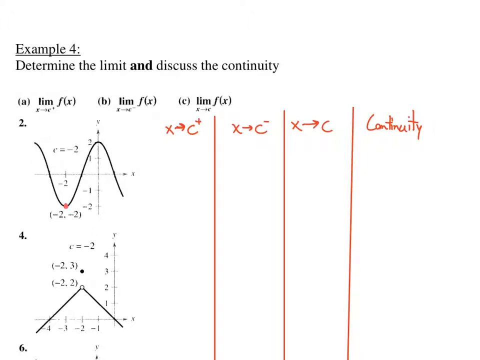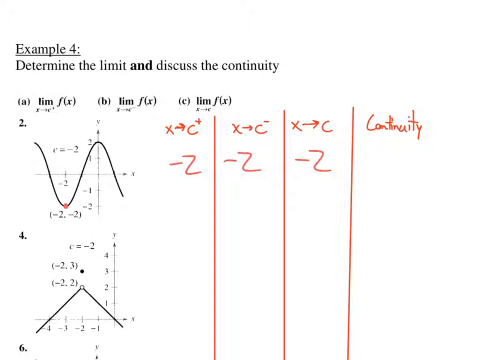So as x approaches c from the right, what's our limit? It's -2. As x is approaching c from the left, what's our limit? -2. So, what is the limit as x approaches c? -2. Now, question. Is it continuous here? Yes.